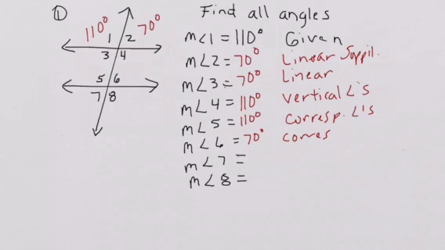Angle 5 and angle 8 are both 110 degrees because of vertical angles. And angle 7 and angle 6 are going to be equal, or 70 degrees, also because of vertical angles.